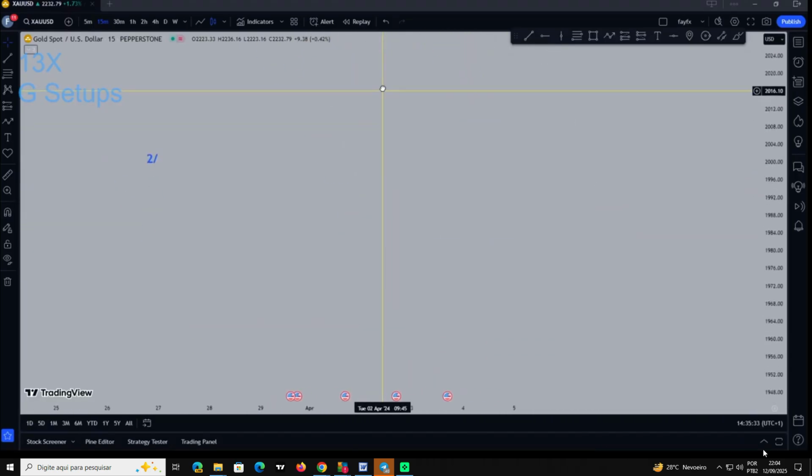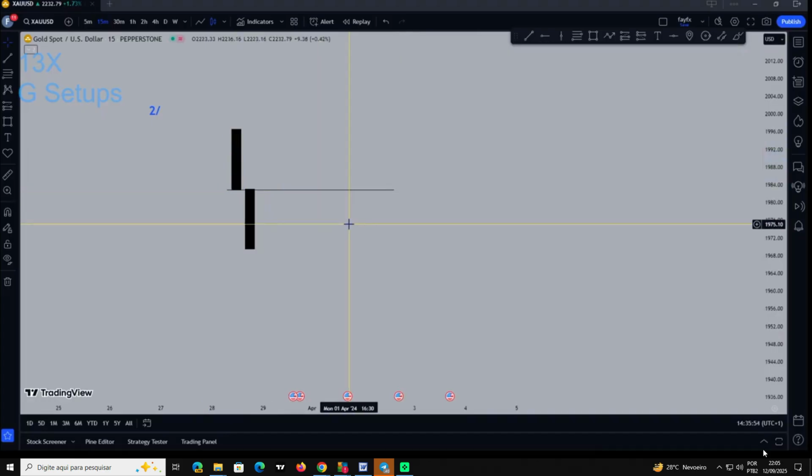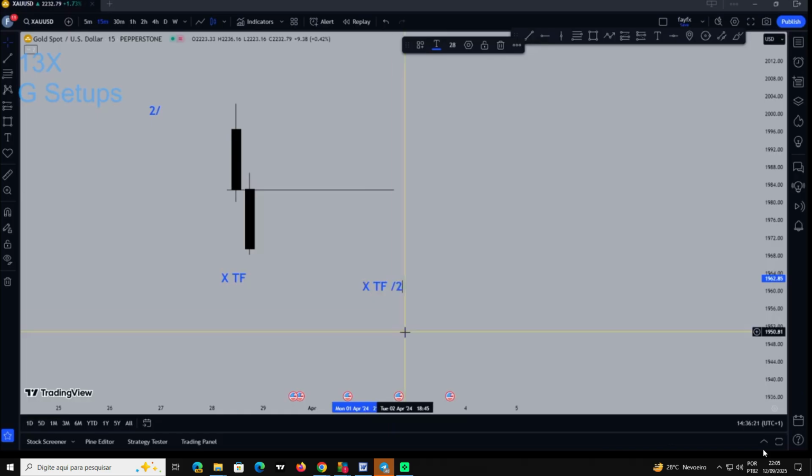Like we did before, we have again the next time frame, and when we go one time frame lower, what are we going to find?